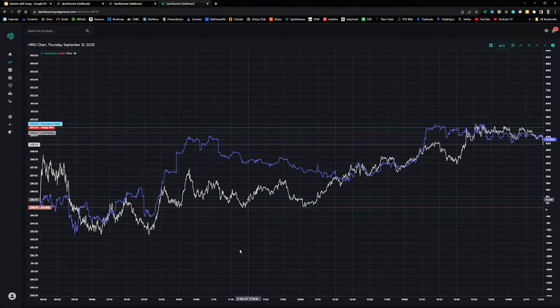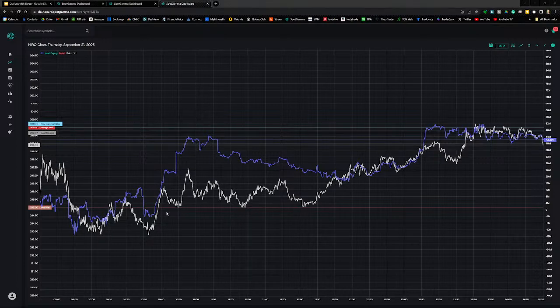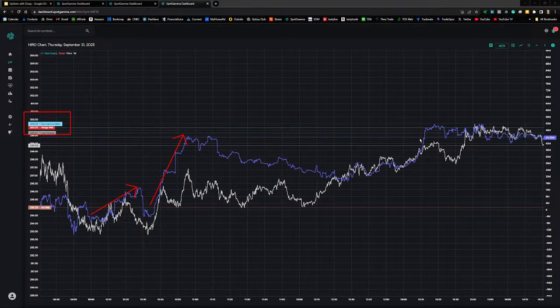All right, Meta looks like it made a double bottom here as traders started taking positive delta positions. Price moved higher to the 300 level, which is the hedge wall and key gamma strike. So it looks like at that 300 level, options traders have taken their foot off the gas. Note the Hero line levels off, as well as price.